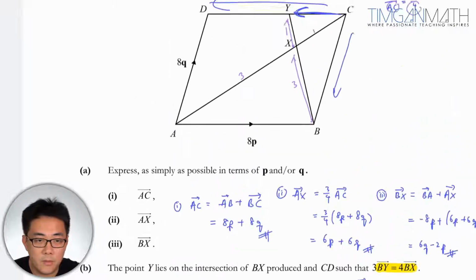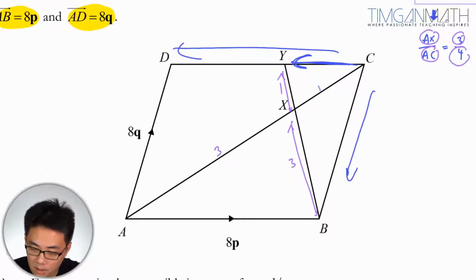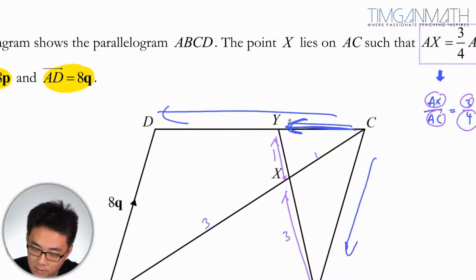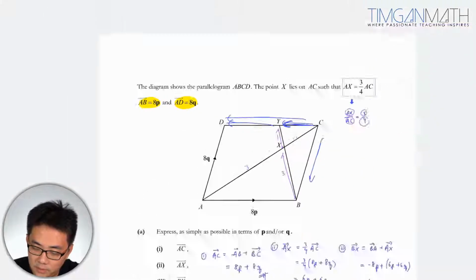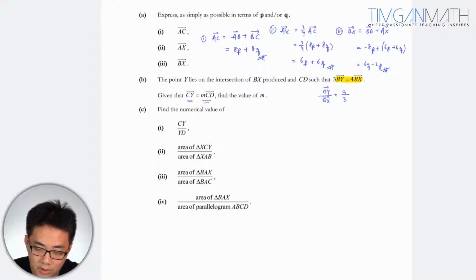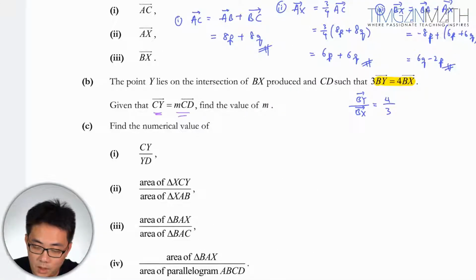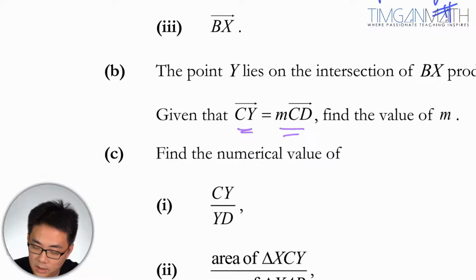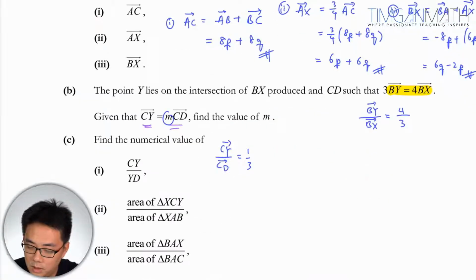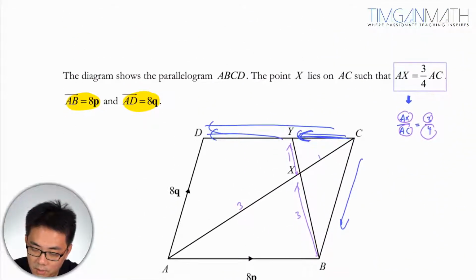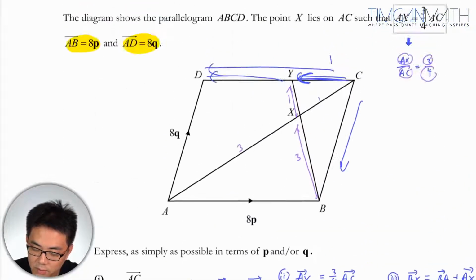Let's look at part C, part 1. What we need now is CY over YD, the numerical value. Take note, this is the length, no longer the vector. If CY over CD is 1/3, which is what we found just now, it means CY is 1 unit and CD is 3 units.